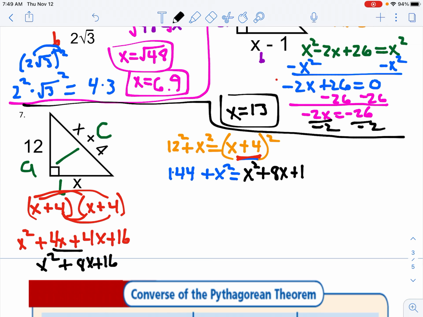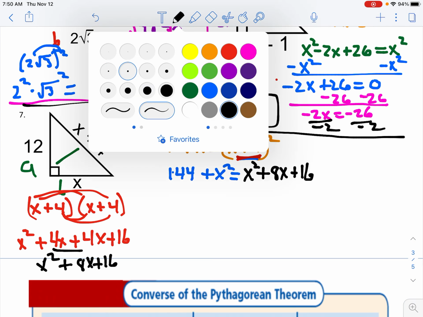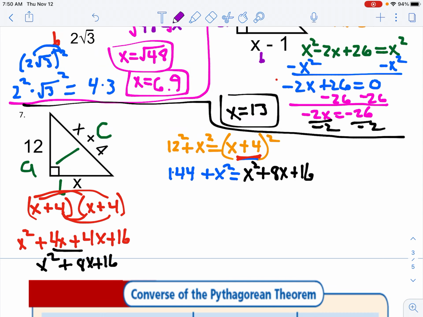Now again, we said this looks ugly with all the x's and x squareds, but remember, it's always going to clean up nice when we solve it. I'm going to subtract x squared from both sides. It turns to 0 and cancels, but I still have things left. So 144 equals 8x plus 16. All right, let's go ahead and subtract 16 over.